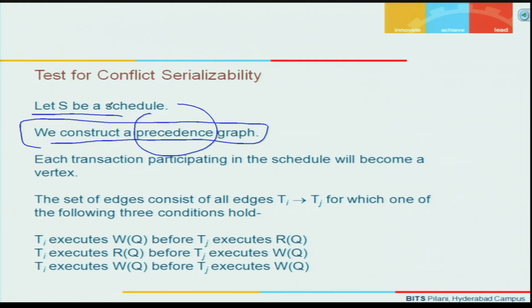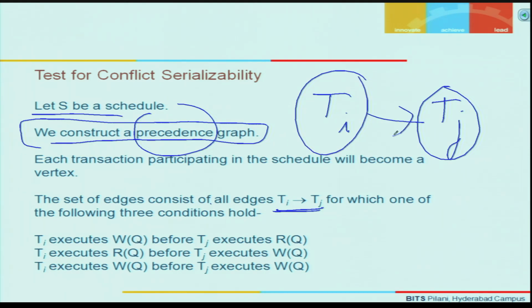It is a graph which contains vertices and edges. Each transaction taking part in the schedule becomes a node, and the set of edges consists of all edges from Ti to Tj. That means, if I have a transaction Ti and a transaction Tj, I can introduce an edge from Ti to Tj when at least one of the following conditions is satisfied.